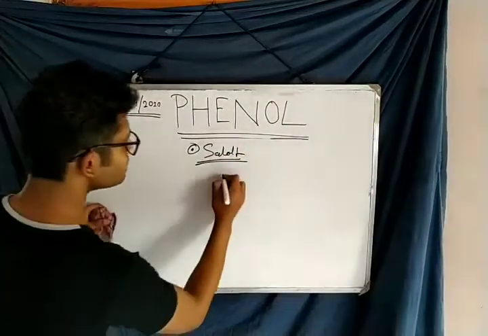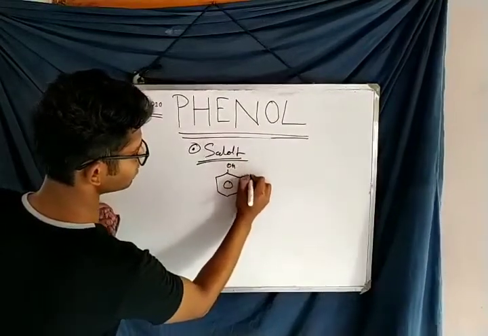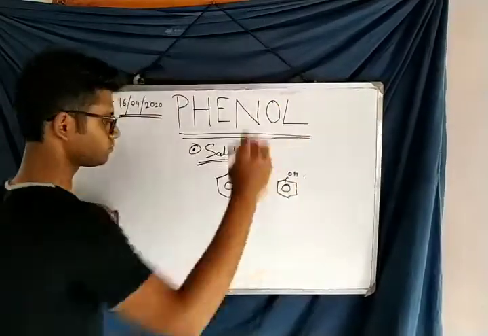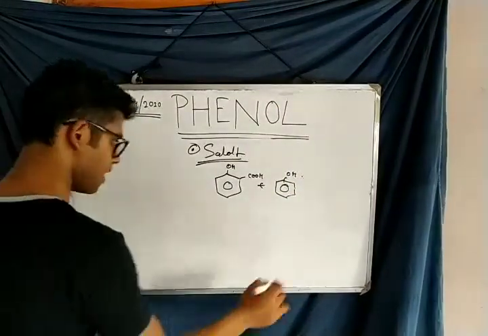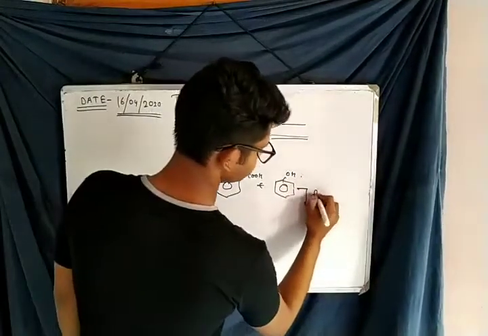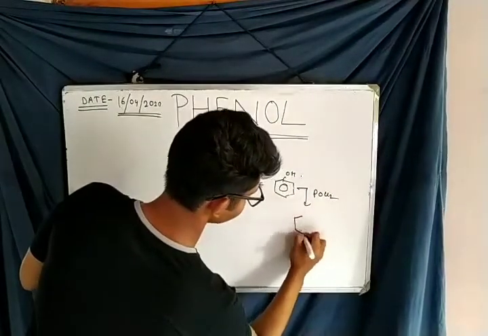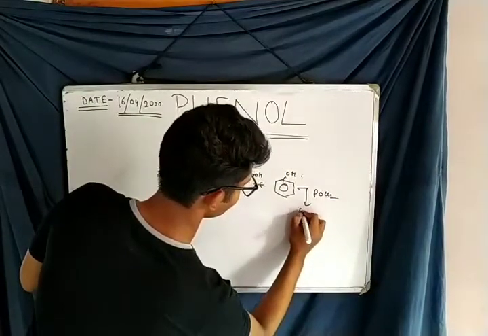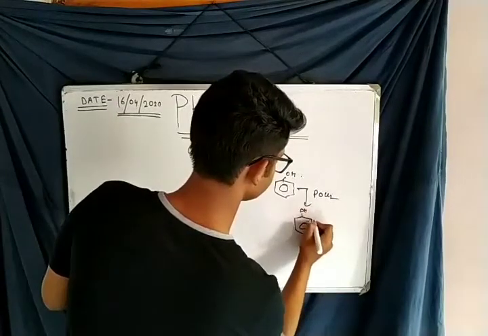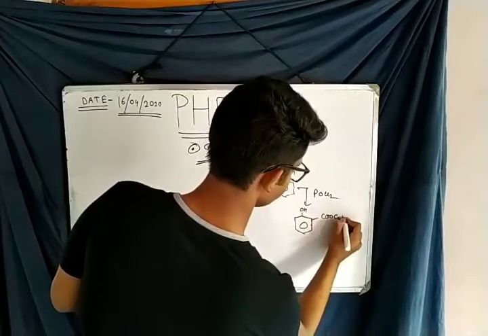When salicylic acid is treated with phenol, with a reagent, that is POCl3, the compound yielded from this reaction is OH, COOC6H5.